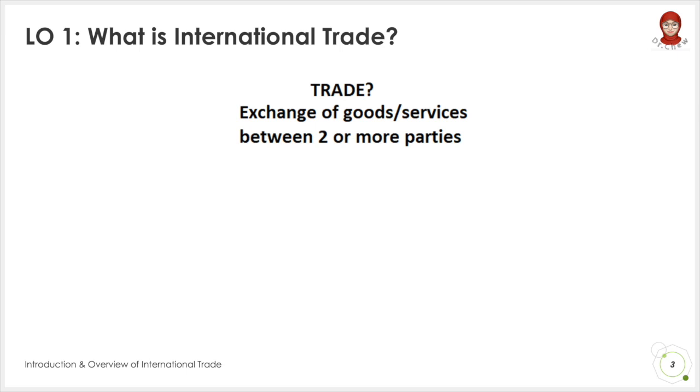Did you ever exchange something with your siblings or friends, with the goods or services that you have? Let's say, exchange some candies for other snacks such as chocolate with your siblings or friends?